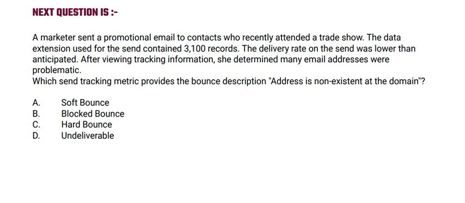Which send tracking metric provides the bounce description address is non-existent at the domain? Options are Option A, soft bounce. Option B, blocked bounce. Option C, hard bounce. And option D, undeliverable. The correct option is option C.